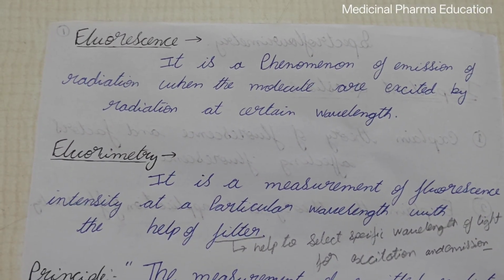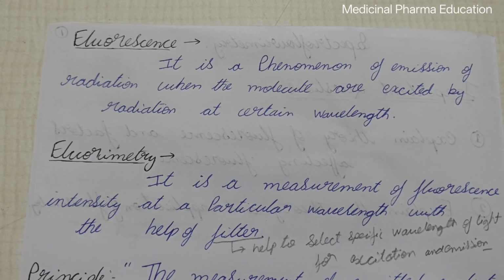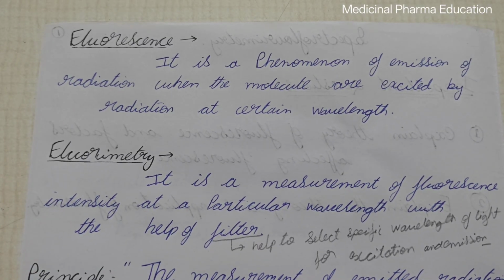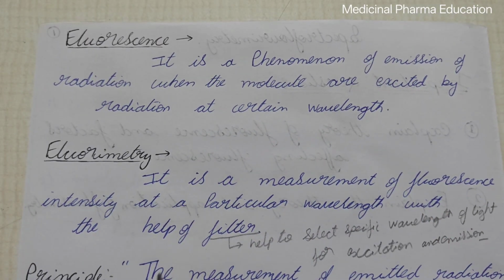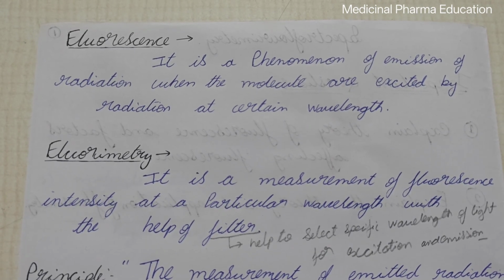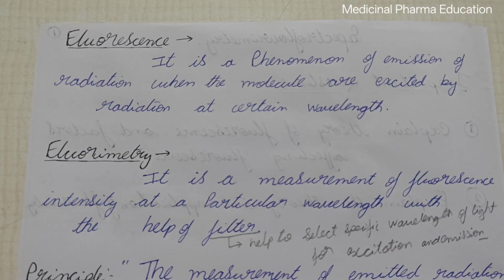Fluorescence is a phenomenon of emission of radiation when the molecules are excited by radiation at a certain wavelength. I think you have seen the UV visible spectroscopy, where we discussed what is meant by emission. When the molecule receives the light energy, it moves from the ground state to the excited state.